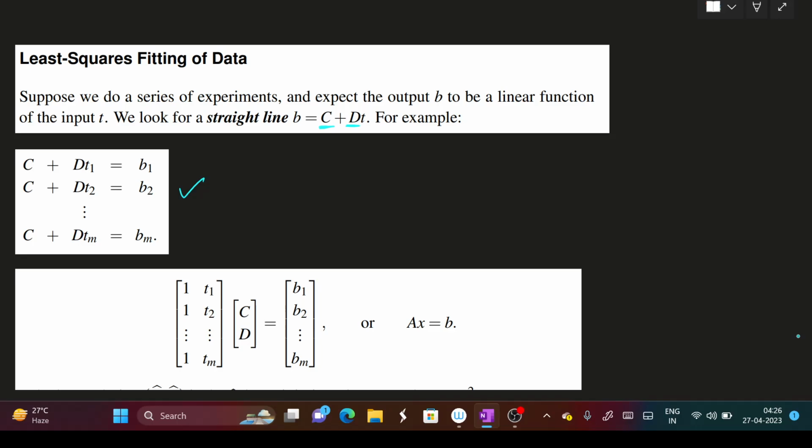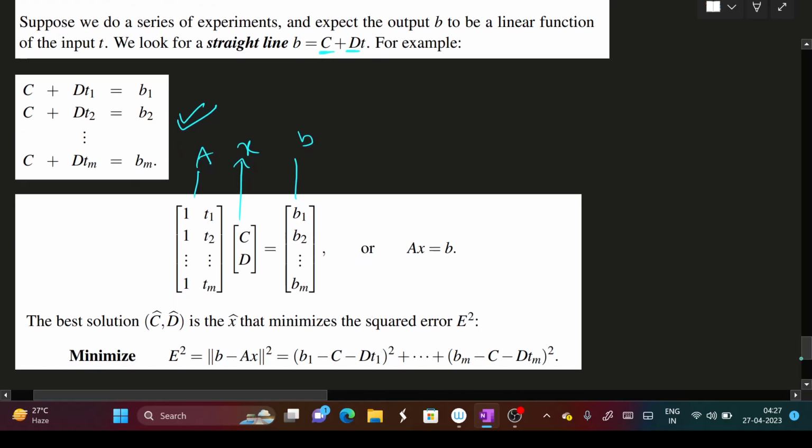In this system of equations, where C and D are the unknowns, the coefficient of C in every equation is 1, and the coefficients of D are T1, T2, T3 and so on. Writing it in matrix form, this is my A, this is my X, this is my B. So AX is equal to B. One can observe that we use this method here only when each element in the first column is 1.